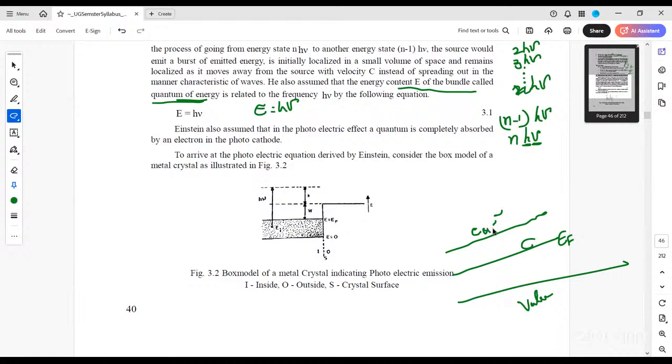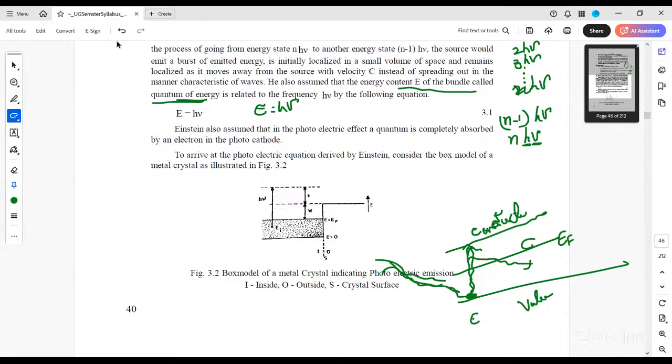When light energy in terms of photons falls, the electron gets sufficient energy and moves from the valency band to the conduction band. At that time, some energy is released.